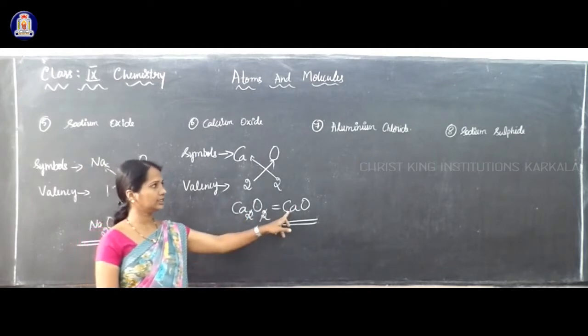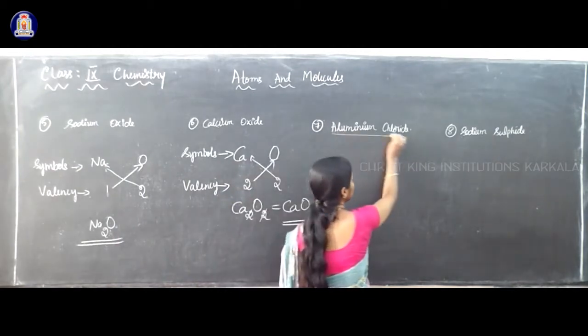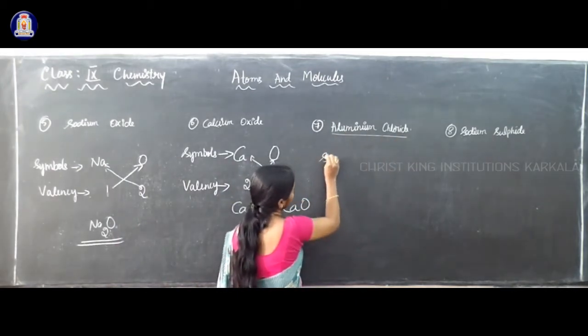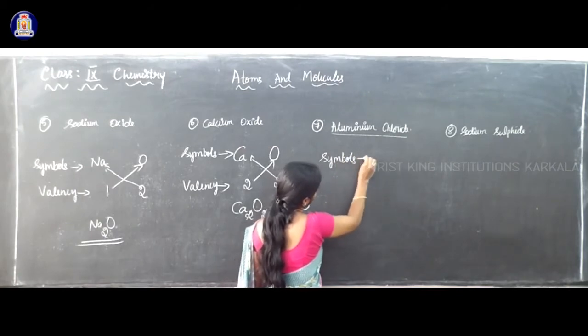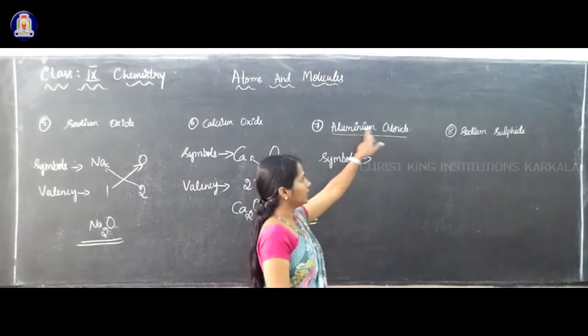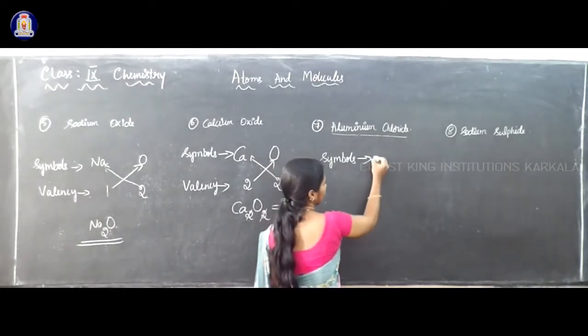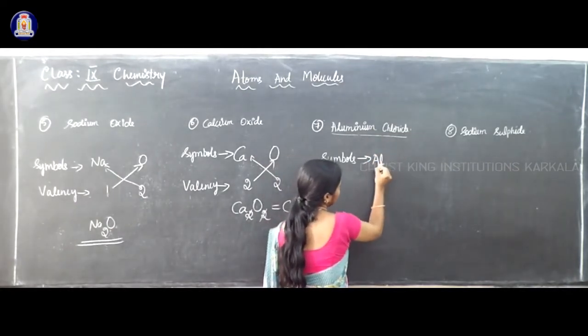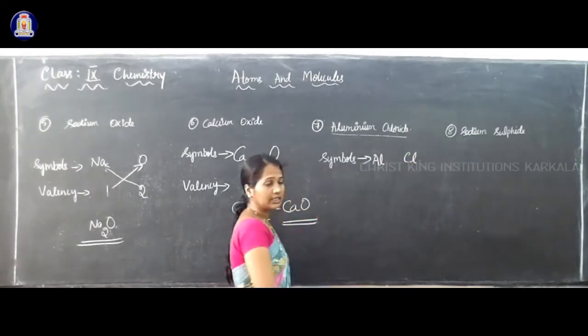So it is CaO. Now we will move to the next compound, that is aluminium chloride. Symbols of the elements present here: one is aluminium, another one is chlorine. Aluminium can be represented as Al and chlorine is Cl.